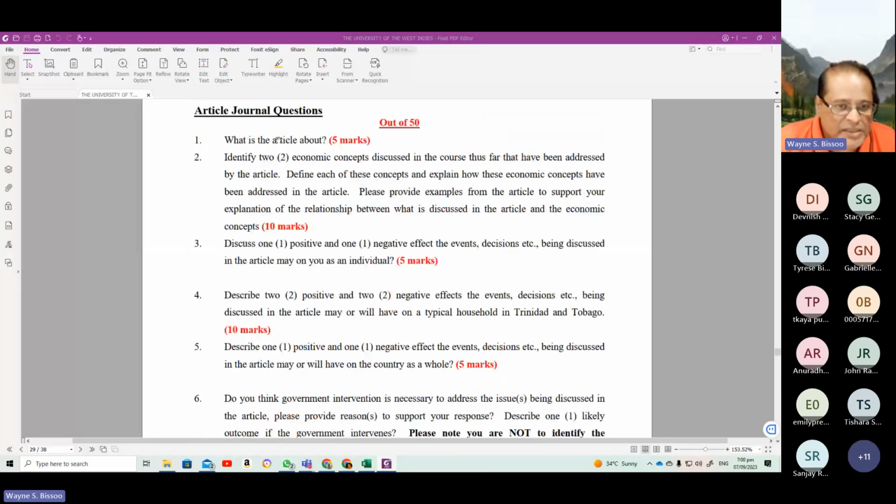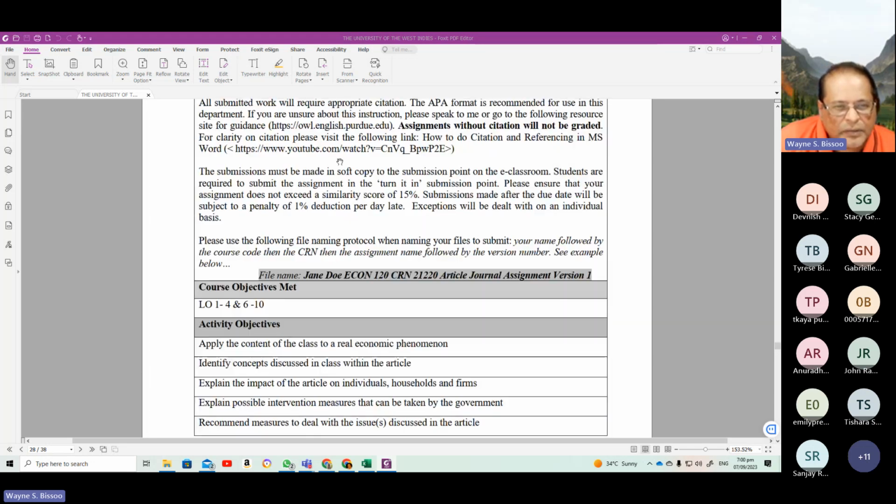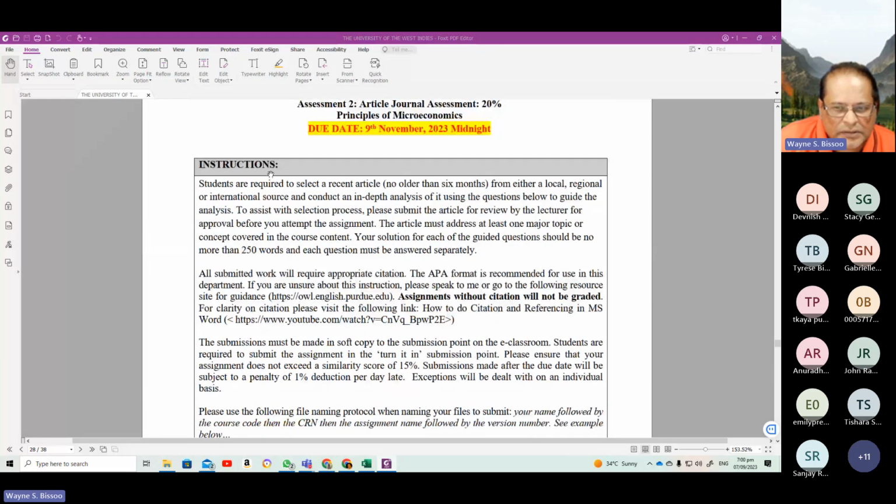So question 1, what is the article about? That's basically a summary of what the article is about. Identify 2 economic concepts discussed in the course thus far. Actually, it's supposed to be, hold on. One major topic or concept.